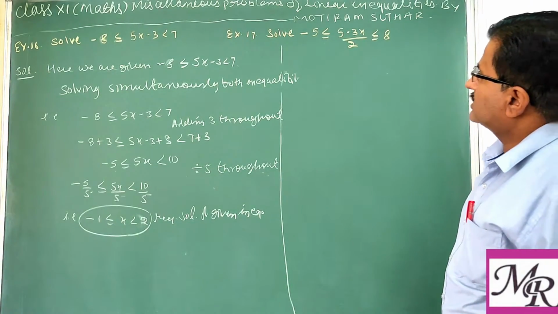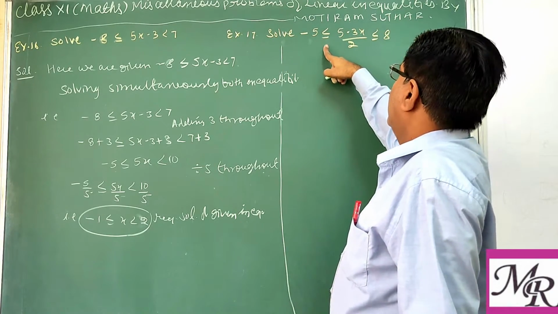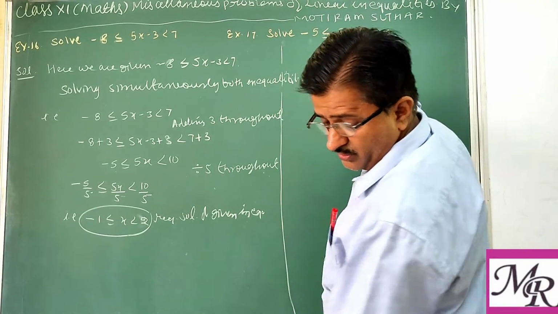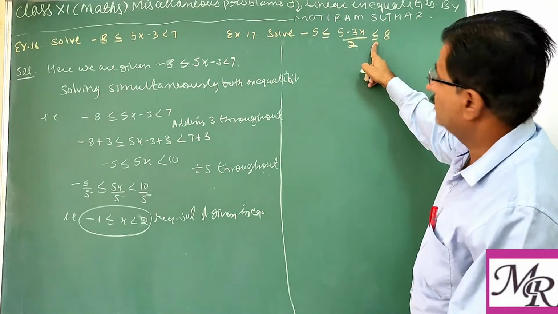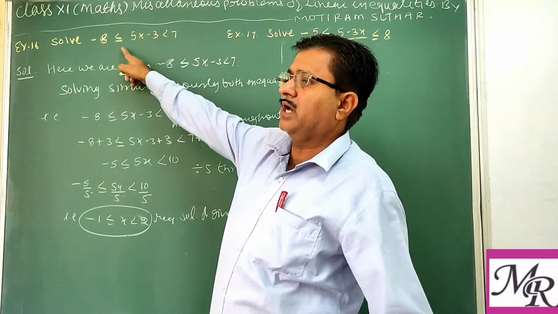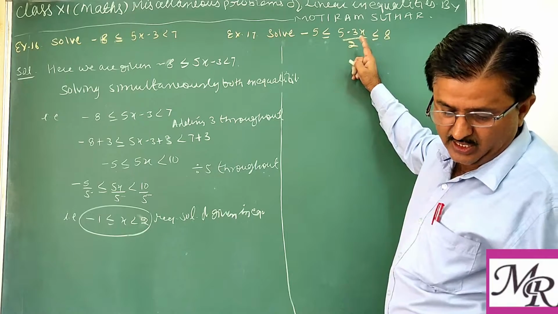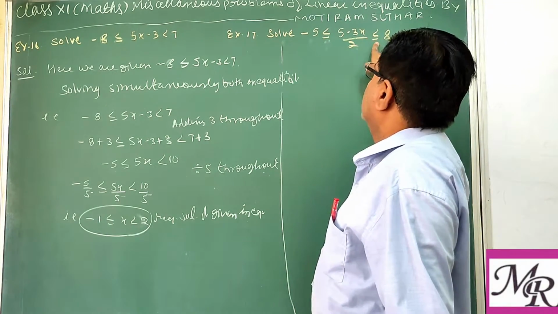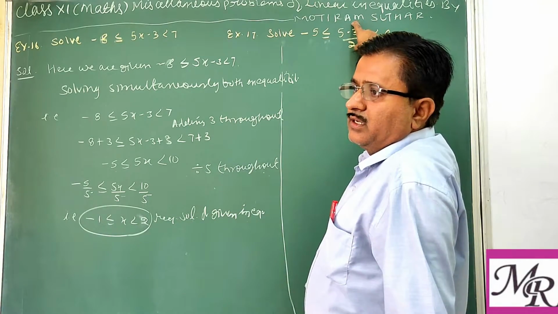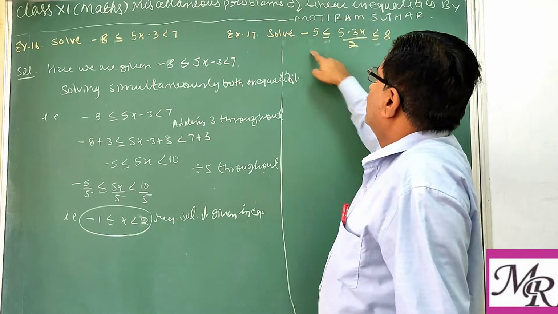After this, see example 17, which says: solve -5 less than or equal to (5 minus 3x) by 2 less than or equal to 8. Clear? Here also we have a double inequality with the same process, but in between we have a fraction. To remove this 2, we multiply throughout by 2.